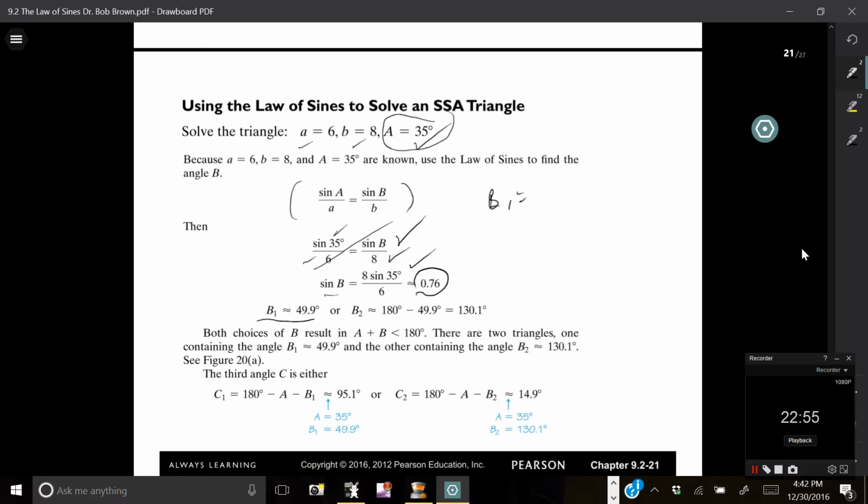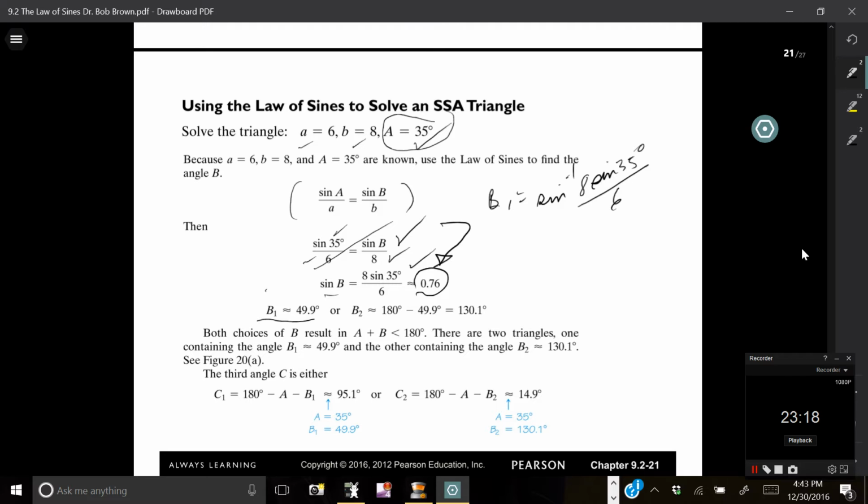B1 is equal to inverse sine of 8 sine of 35 degrees divided by 6. Or you could have taken this answer to several decimal places and taken the inverse sine of that.